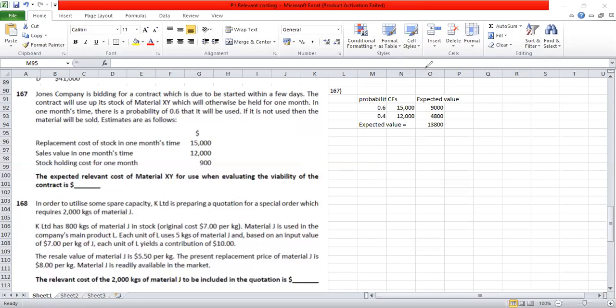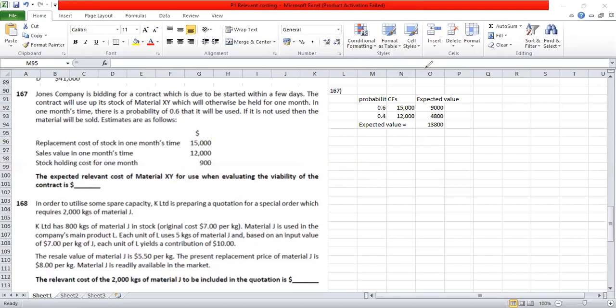One more thing: if the material is there in the stores department, there will be some storage costs. We call them holding cost, stock holding cost. If they hold it in the stores for 1 month, they would also be incurring a cost of 900.